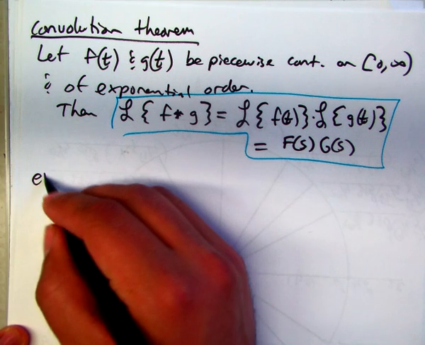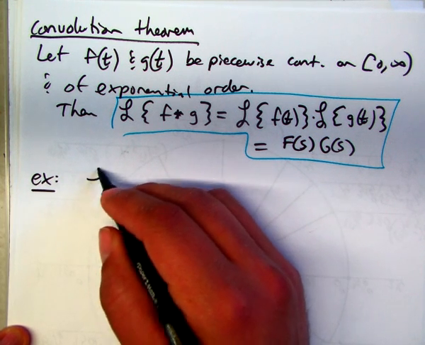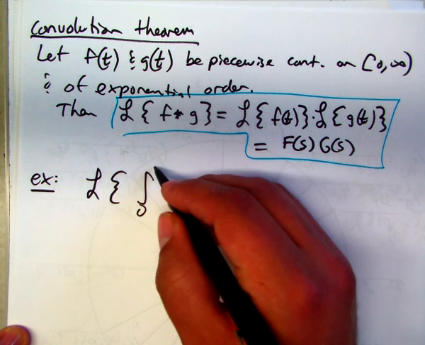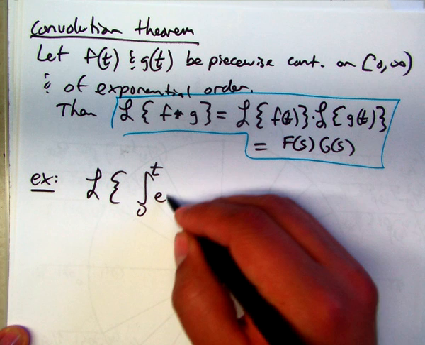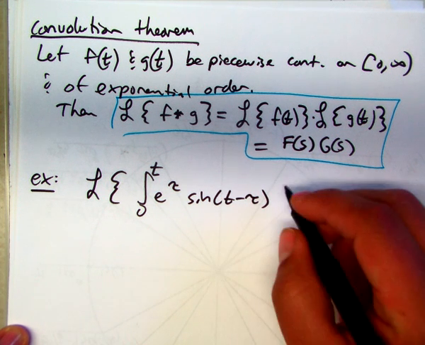Here's an example going one direction. So let's say we have the Laplace transform of the integral from 0 to t of e to the tau sine of t minus tau d tau.